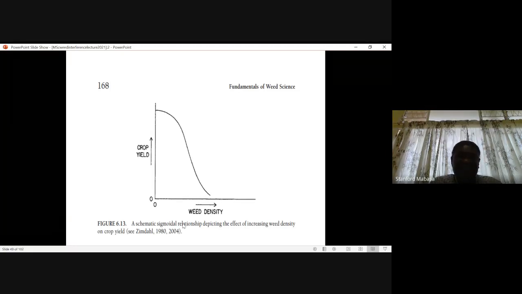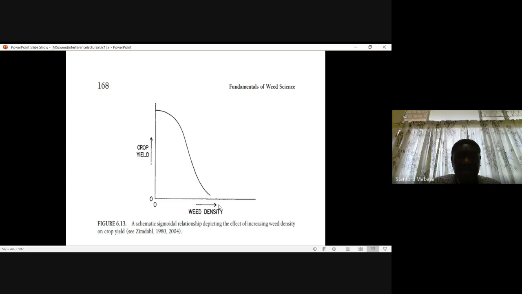Here I've got an example of a relationship of crop yield, which is related to weed density. I've taken this from Zimbabwe.